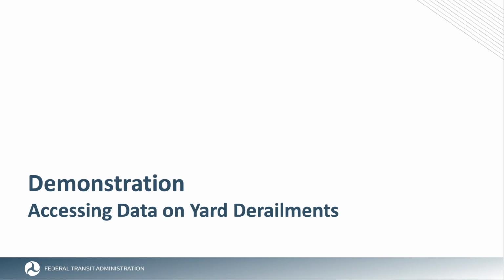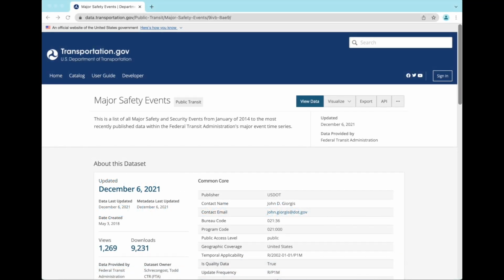In addition to the data products we explored in our previous two videos, the Department of Transportation publishes more extensive information on major safety events. For example, your agency may be interested in information about derailments occurring in the yard.